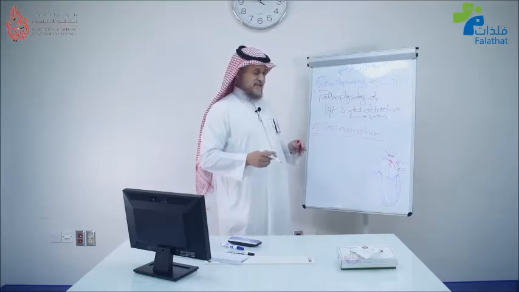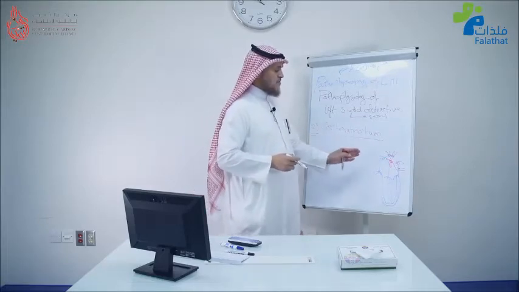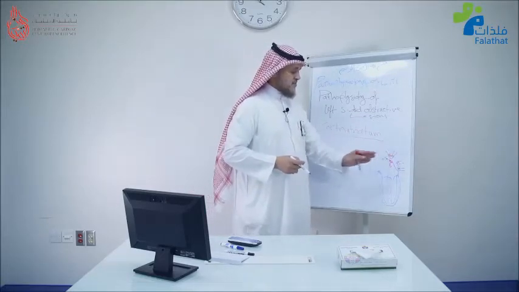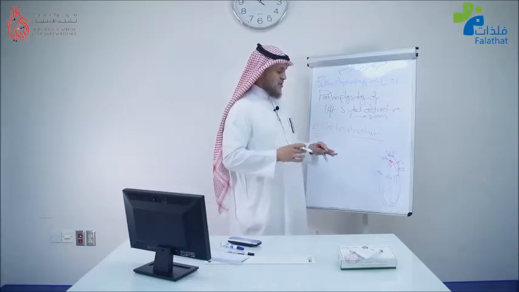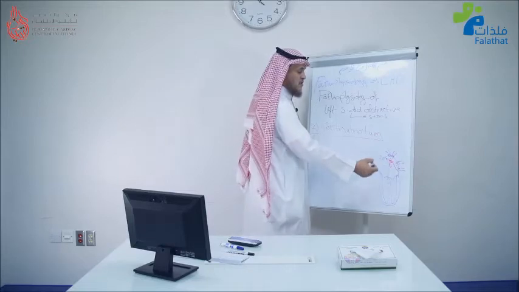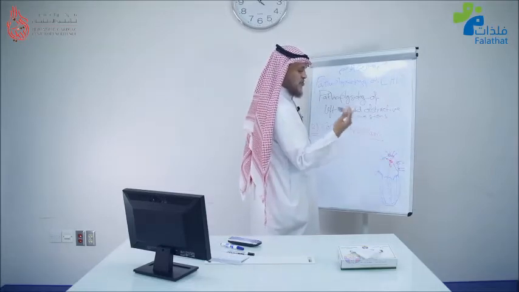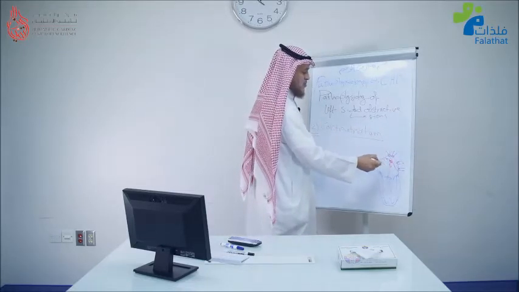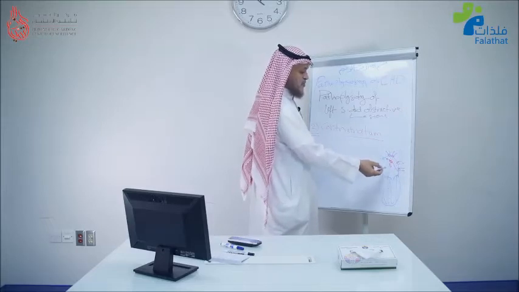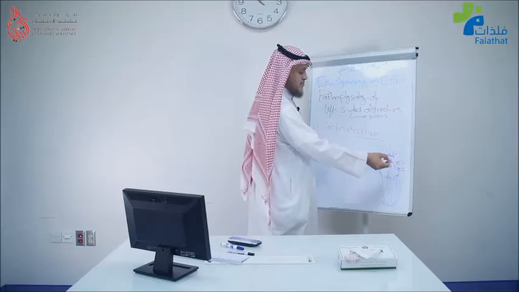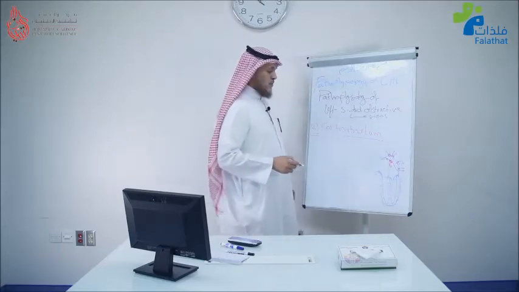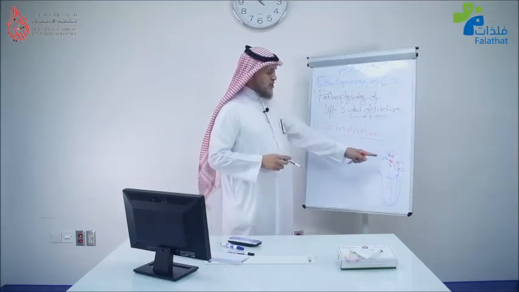Cor triatriatum usually happens on the left side. Occasionally, cor triatriatum, which means we have a heart, a core, with 3 atria, 1, 2, 3, can happen also on the right side and cause cor triatriatum dextrum. So it depends on the obstruction.